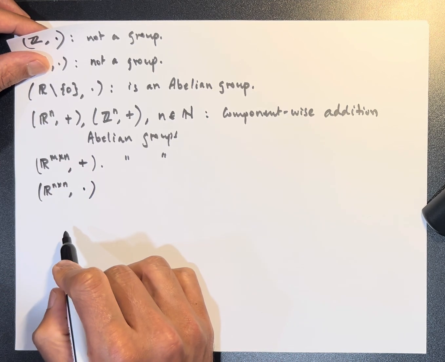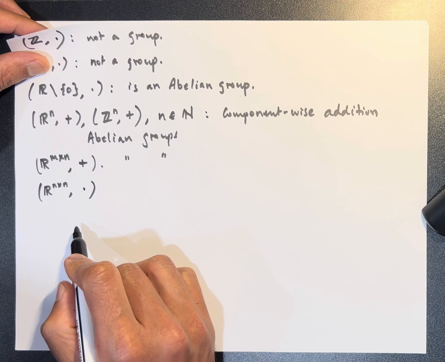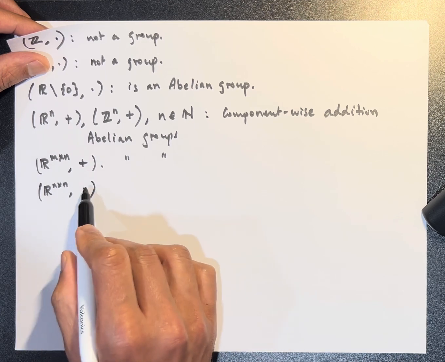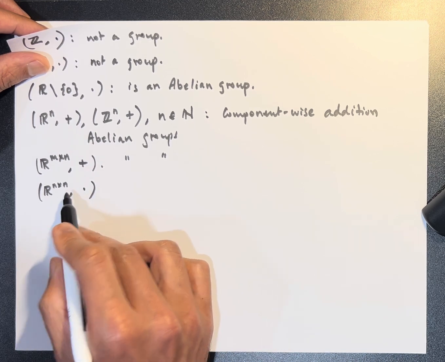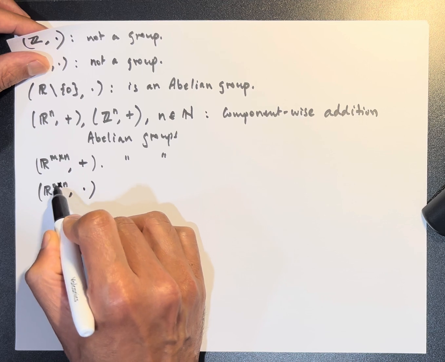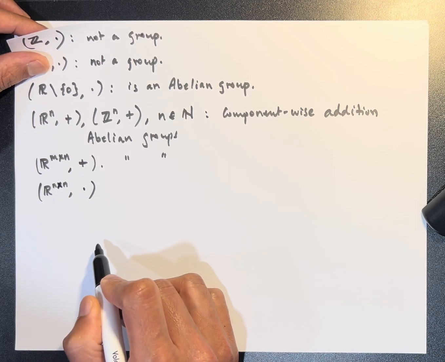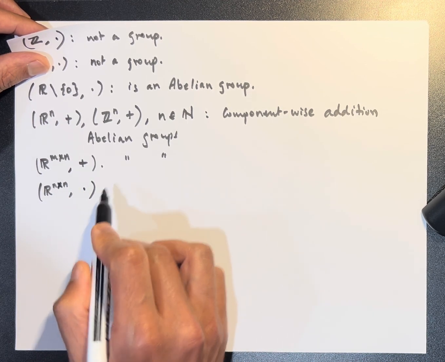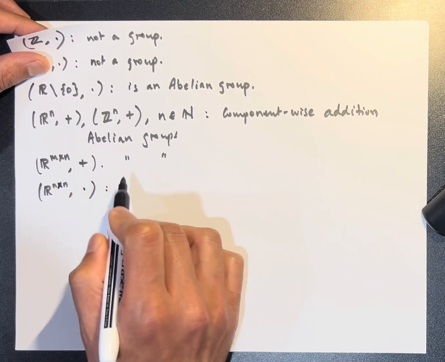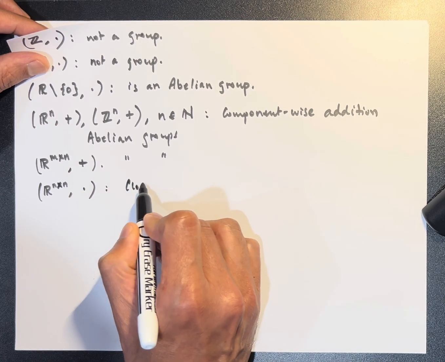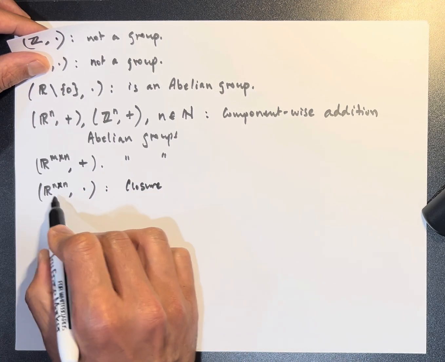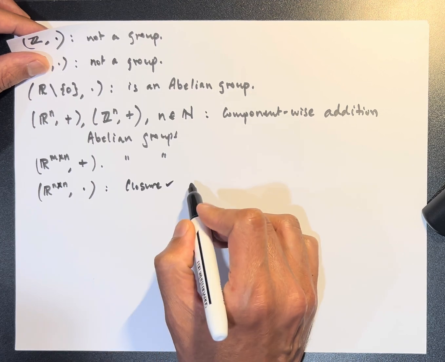When we do matrix multiplication, we know that for one thing, not all n by n matrices have inverses. But let's check the other properties. Closure is there, because you take any two matrices and multiply, and you get another n by n matrix, so this is fine.